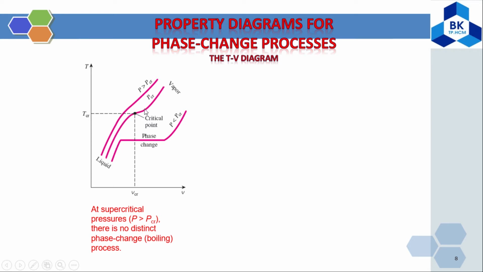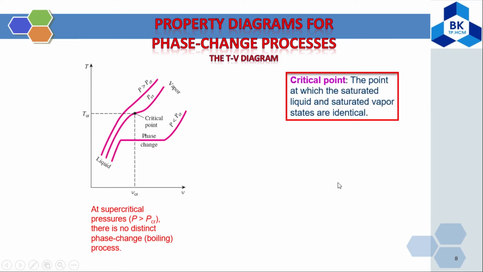Above this critical point, the substance does not change in 5 phases as we just mentioned, but it will jump directly from the liquid to the vapor. So the critical point is the point at which the saturated liquid and the saturated vapor states are identical.